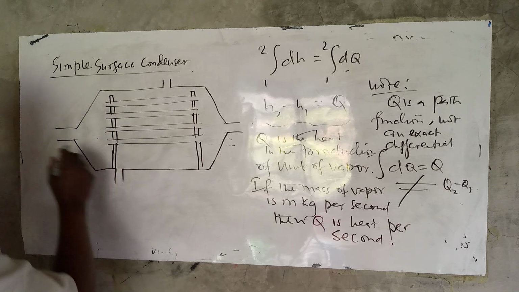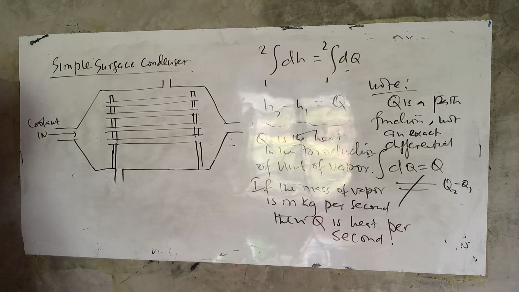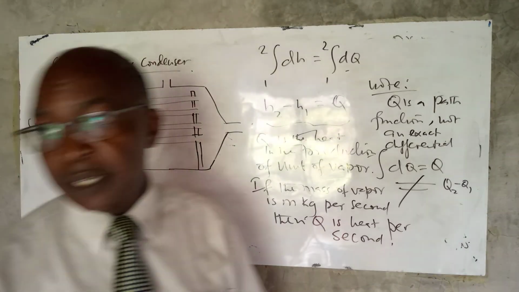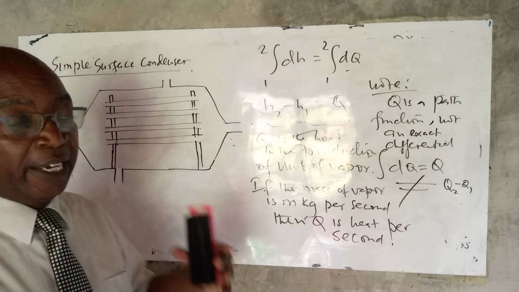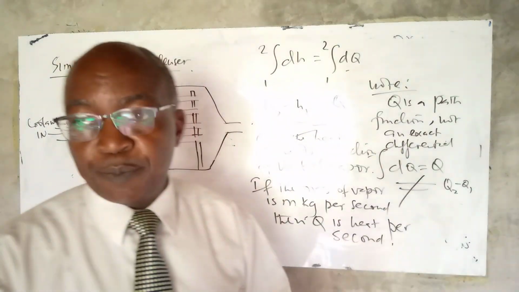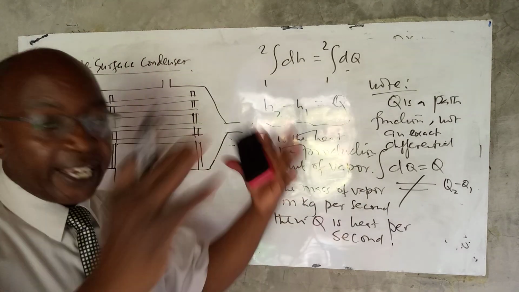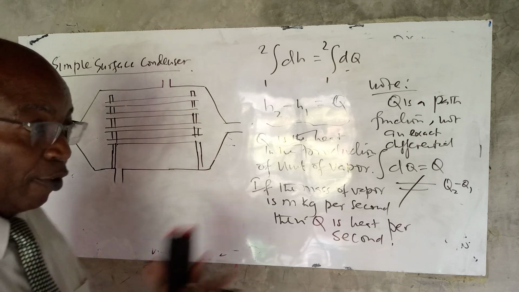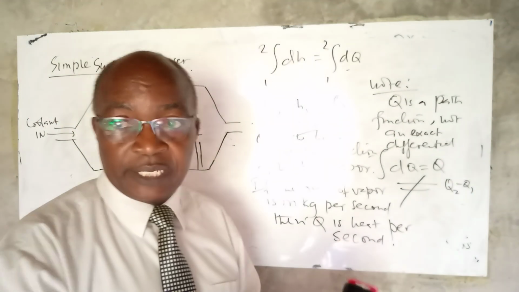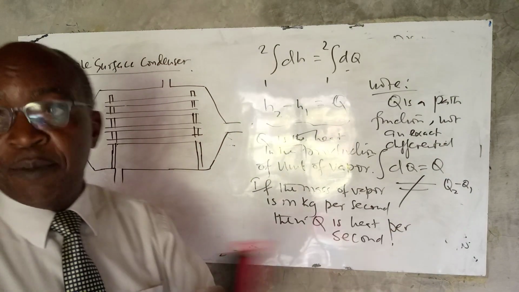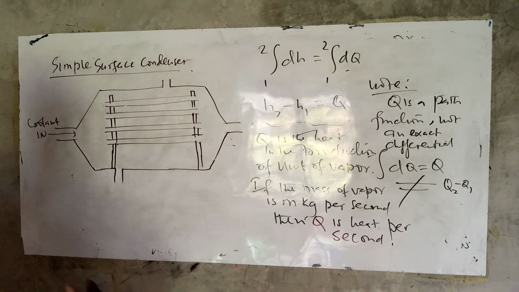Let us just say that we have a coolant in. Coolant is very important. For example, in continuous stirred tank reactors with an exothermic reaction where a lot of heat is produced, one way of managing that heat is to have a coolant circulating as a jacket around that reactor, so that you are able to dissipate that heat. It acts like a sink for that heat.